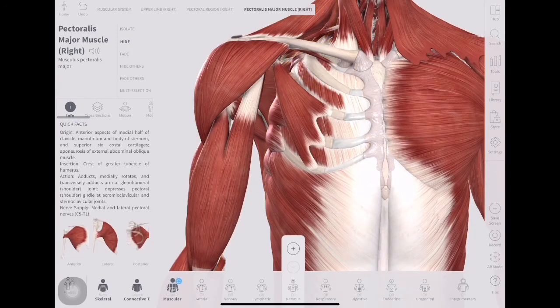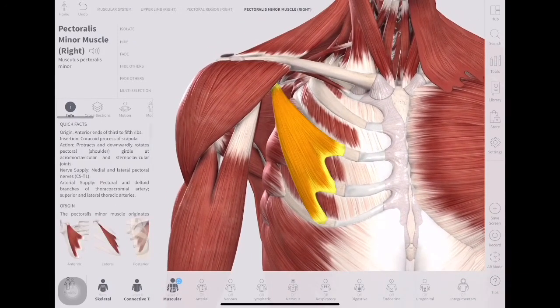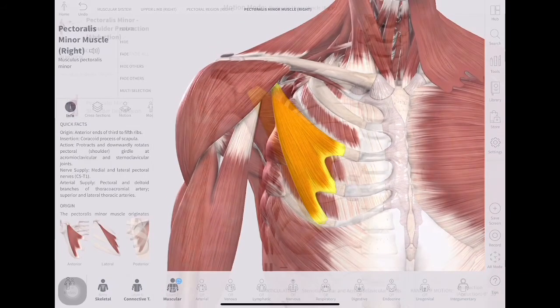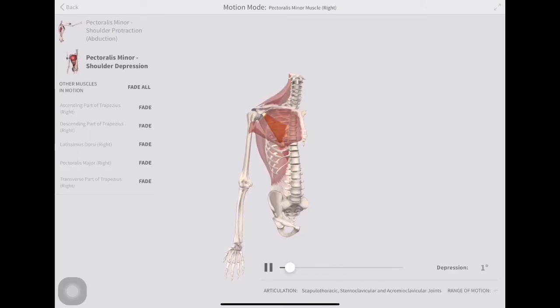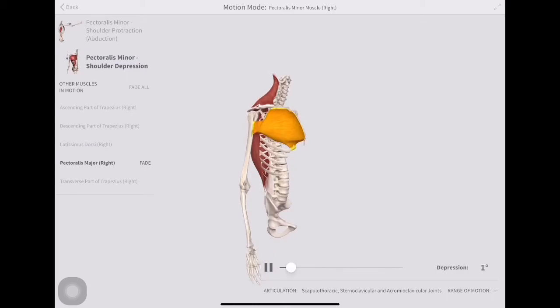And here we'll be seeing how the pectoralis minor, along with the serratus anterior, abducts the shoulder. It also contributes to the depression of the shoulder. Other muscles include trapezius, latissimus dorsi, and pectoralis major muscle.